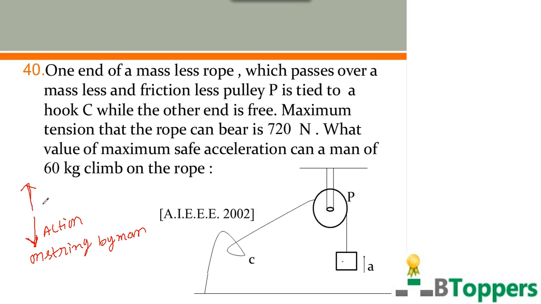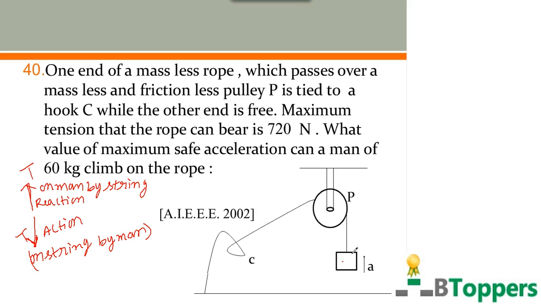So the direction of the reaction will be opposite to the action. The reaction will be the force exerted on the man by the string. Action and reaction forces are always equal in magnitude but opposite in direction. So if the force on the string by the man is directed downward, the reaction force on the man by the string will be directed upwards. Both will have the same magnitude, denoted by capital T.